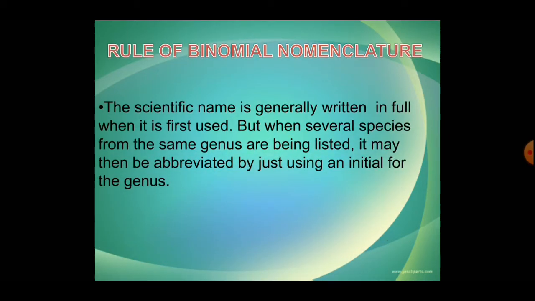Another rule for naming the organisms is that the scientific name is generally written in full when it is first used. But when several species from the same genus are being listed, it may then be abbreviated by just using an initial for the genus name. For example, if we are going to talk about a number of species which belong to the same genus, then we can write in abbreviated form.